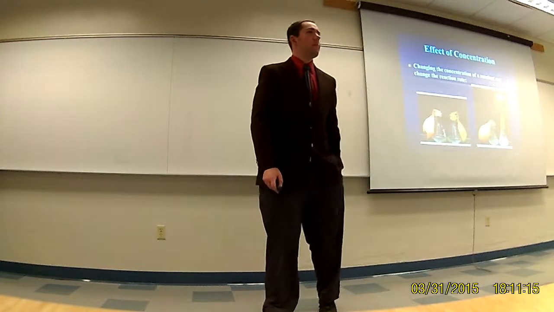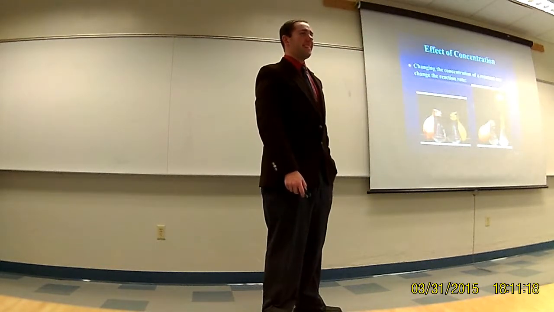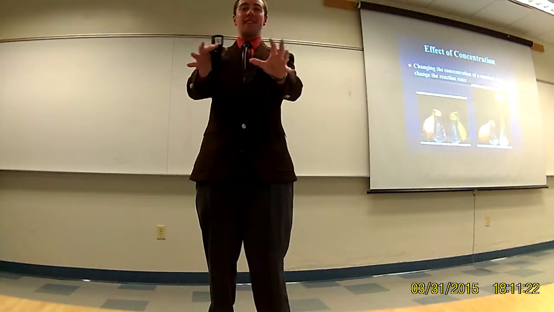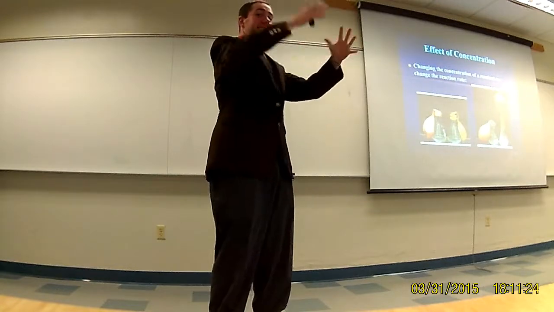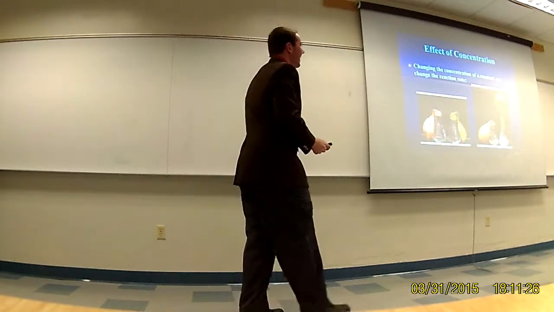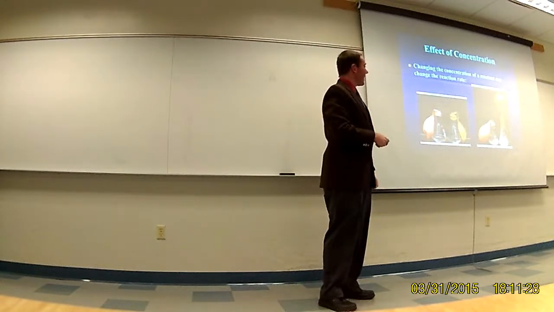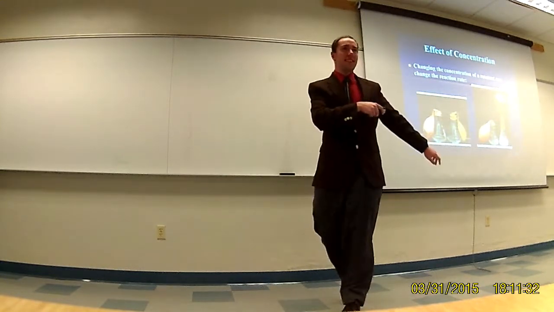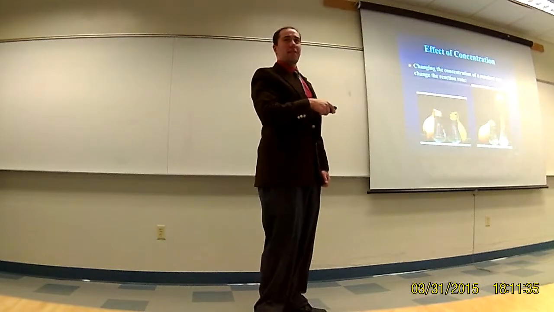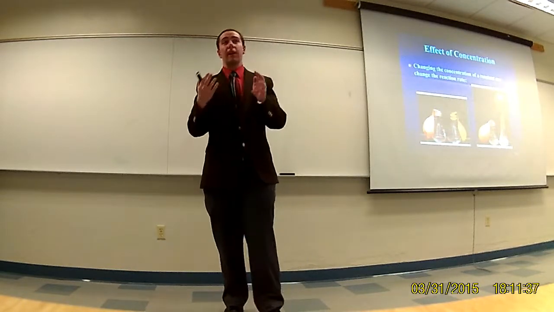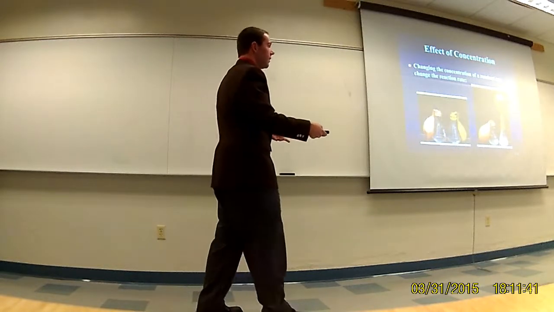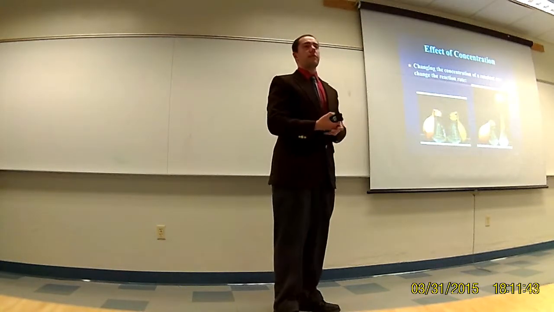Why? Yeah. So we form gas a whole lot faster on the right than on the left. That means the reaction happened faster, which means that this liquid had to have been a higher concentration.